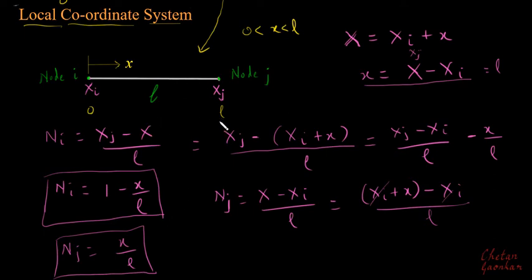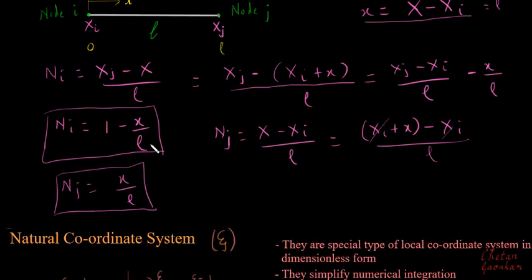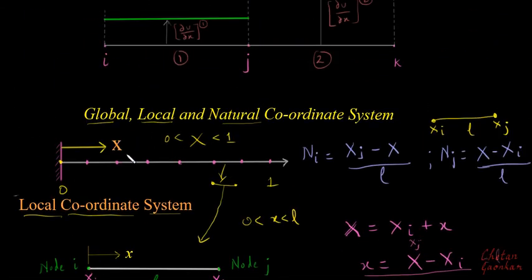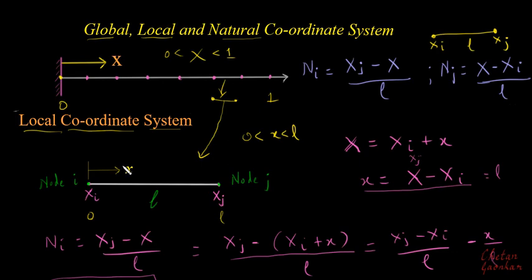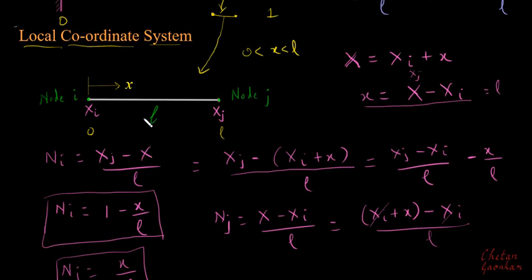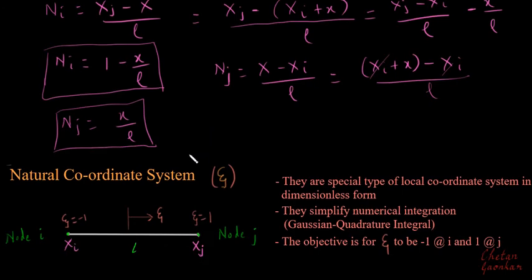And finally we will see one more type of coordinate system, that is the natural coordinate system, denoted by xi. So here the Cartesian or global coordinate system is denoted by capital X, the local coordinate system is denoted by small x, and the natural coordinate system is denoted by xi. This natural coordinate system is a special kind of local coordinate system in its dimensionless form.